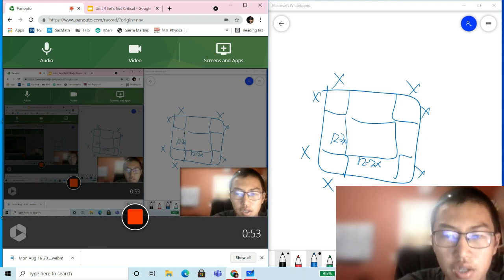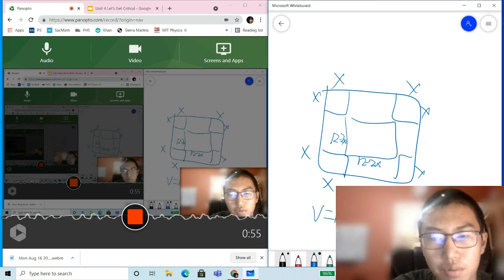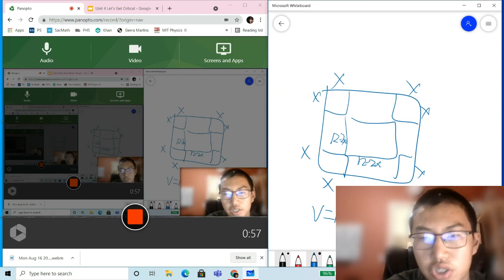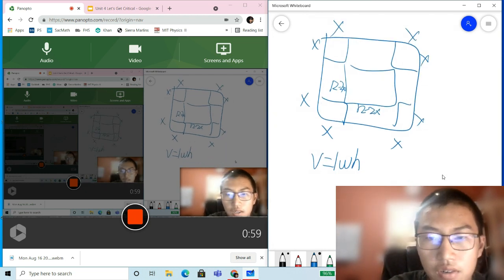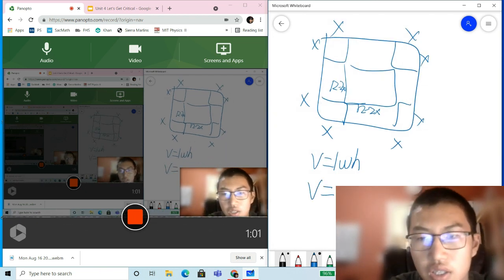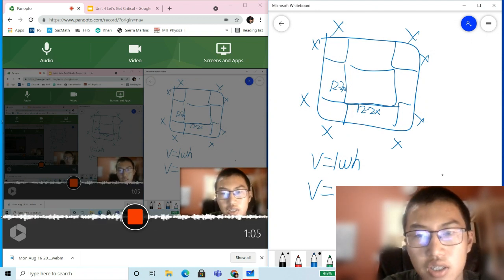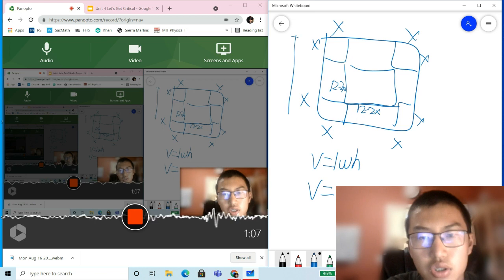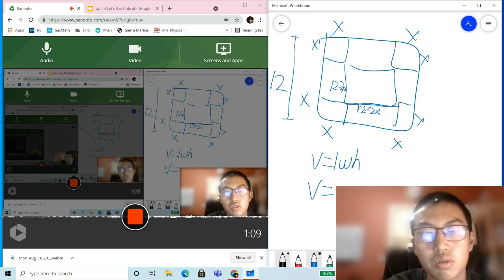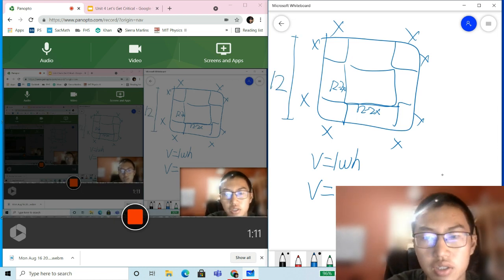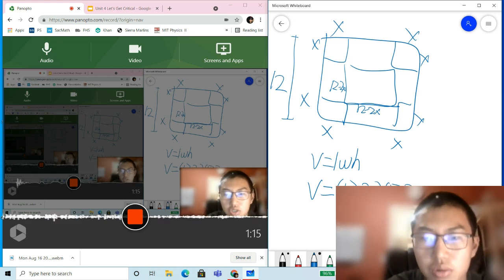Well, volume, as we know, of a rectangular prism is L times W times H. The length is 12 minus 2x, times the width, 12 minus 2x.